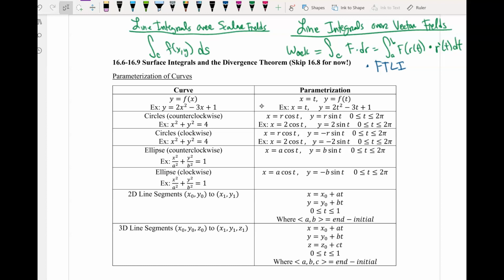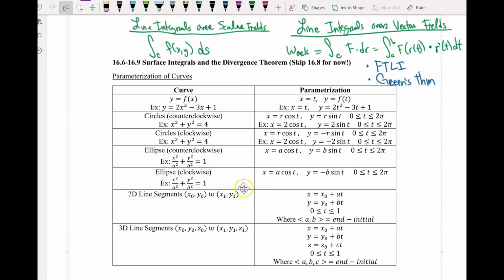Regardless of the parametrization, you can find the total work by just looking at these endpoints. We also said that if the field is not conservative, but the curve is closed, we can use Green's theorem to figure out what that is.